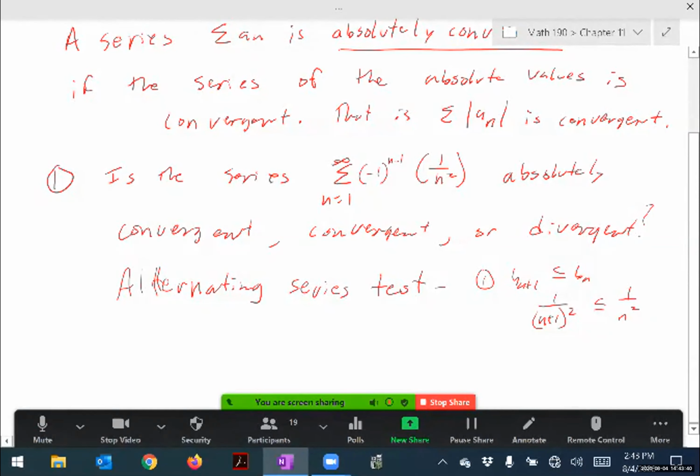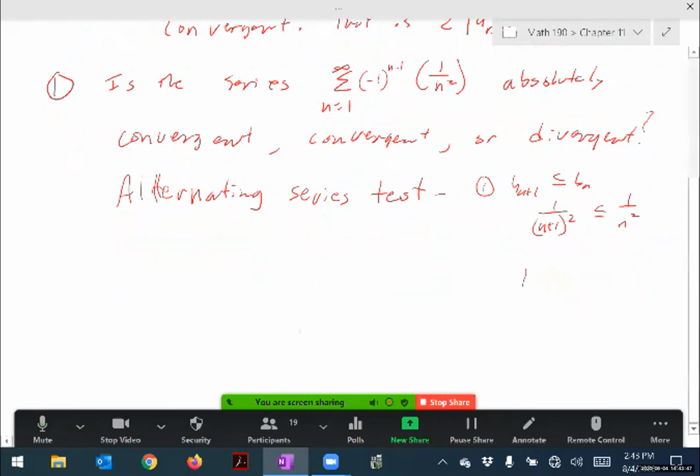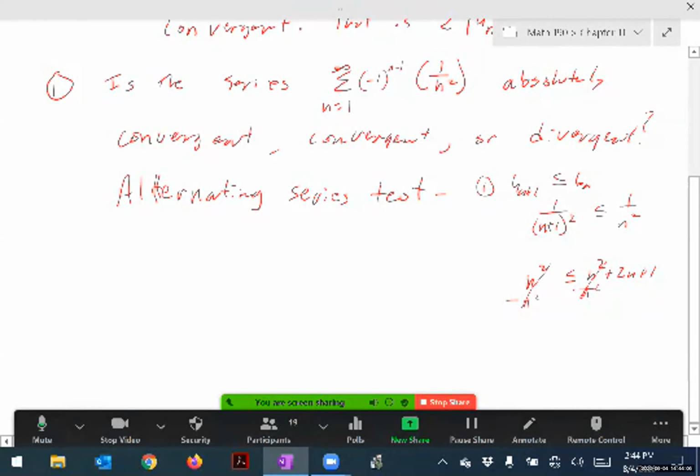We could cross multiply to prove this real quick; it's not too tough. n squared is less than or equal to n squared plus 2n plus 1. Subtract off n squared, and that guy's gone, so 0 is less than or equal to 2n plus 1.